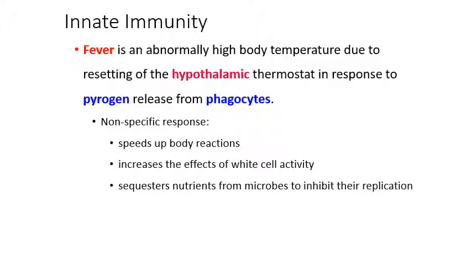A whole bunch of phagocytosis going on means that those phagocytes release a chemical called pyrogen. Pyrogen will then find its way to the hypothalamus, and the hypothalamus will take that as a note to increase the set point, so give your body a fever.